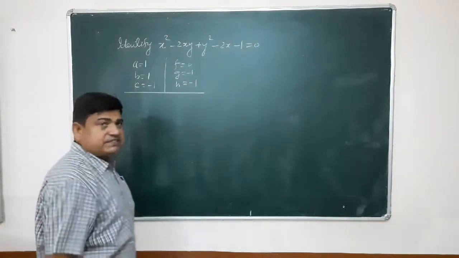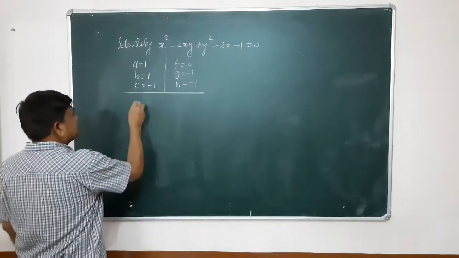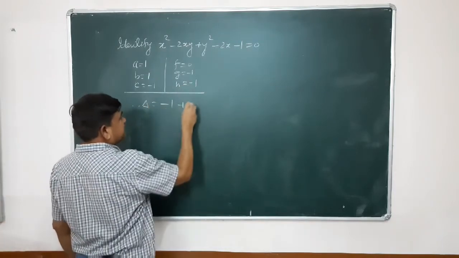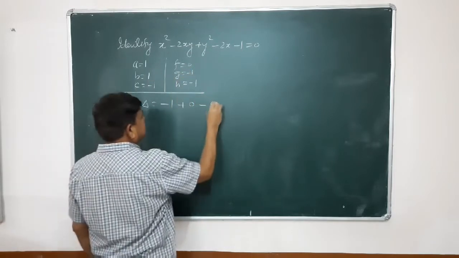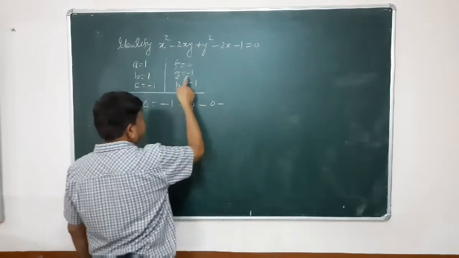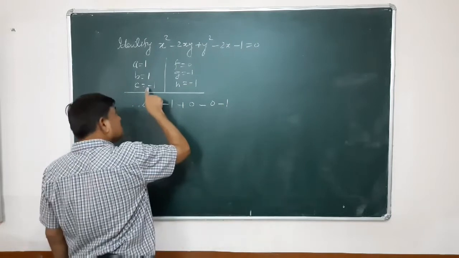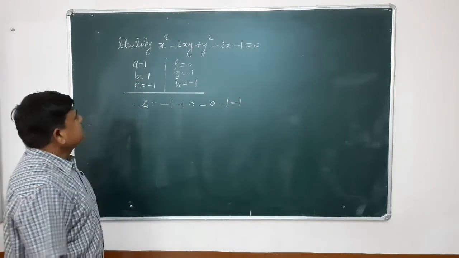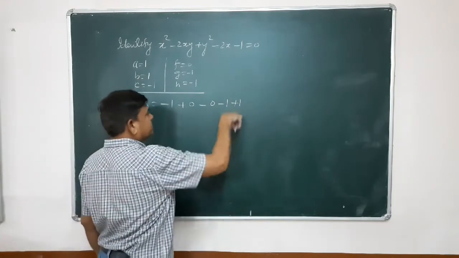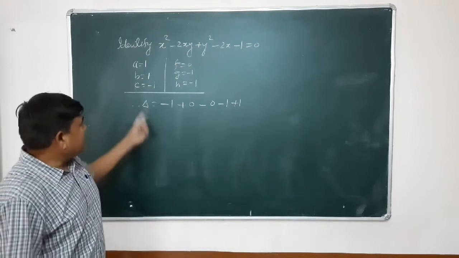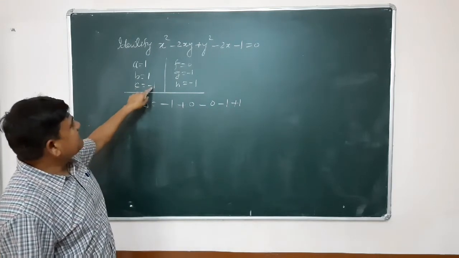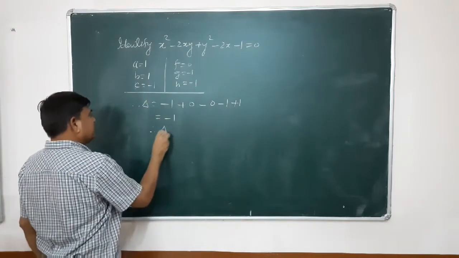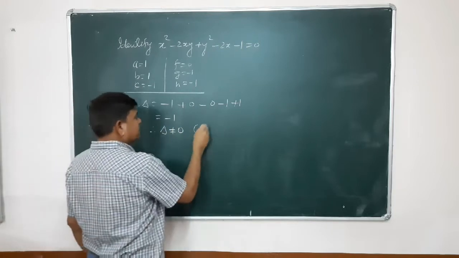Now I will not repeat. You have to understand. Therefore, delta equals abc plus 2fgh minus af square minus bg square minus ch square, and minus of this minus will be plus. So this is minus 1.